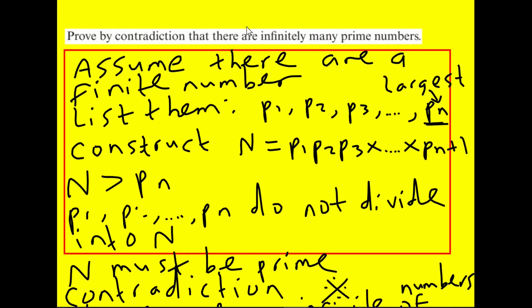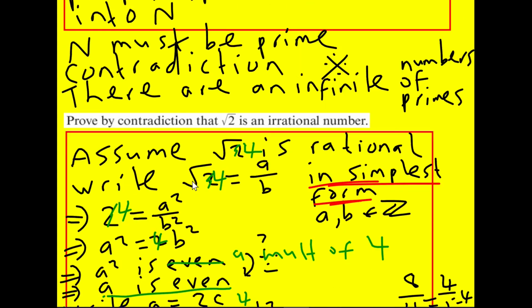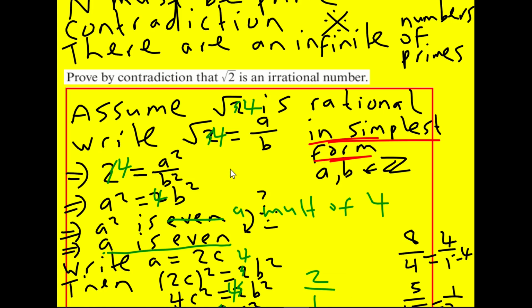How do we know there's infinitely many prime numbers? Well, you can't check every single number in existence, but we've shown through an argument that there must be an infinite number. Same goes with root 2.